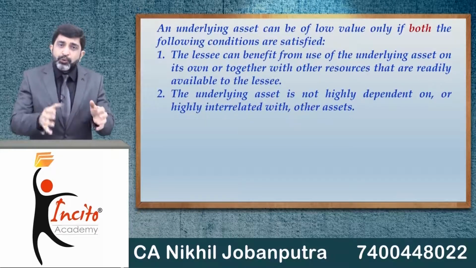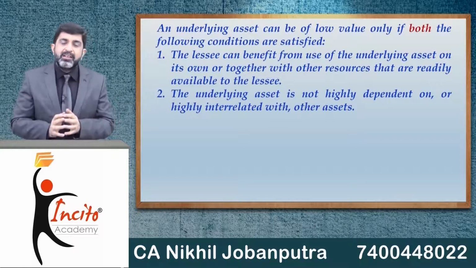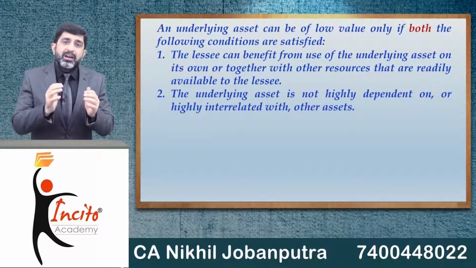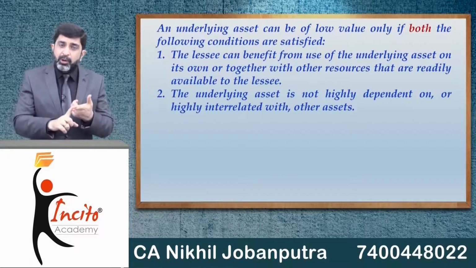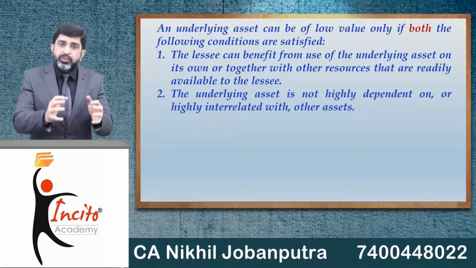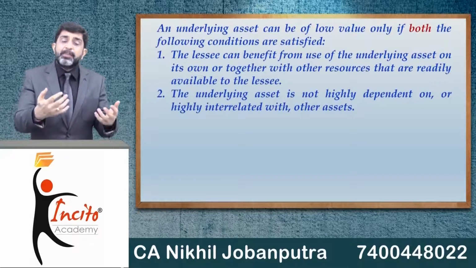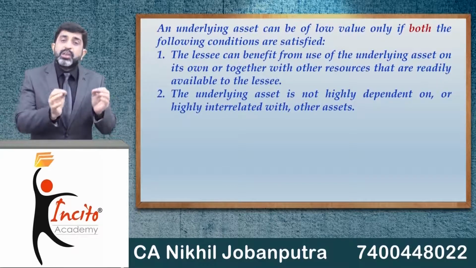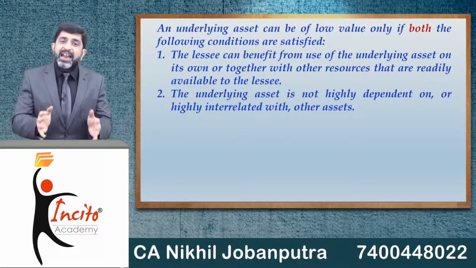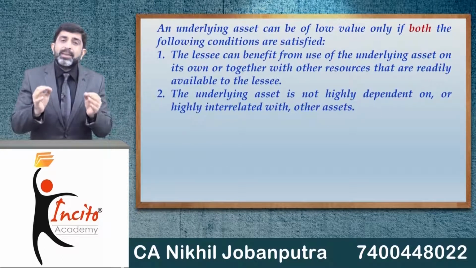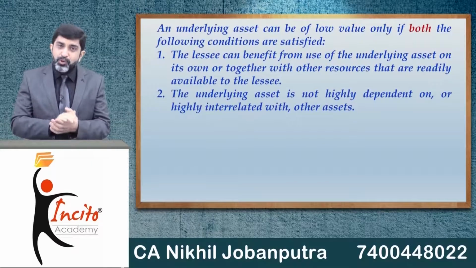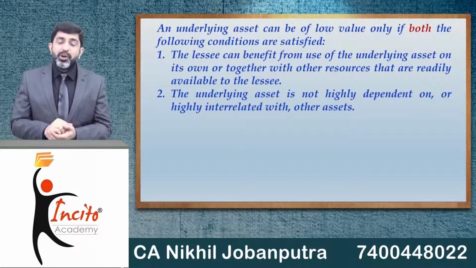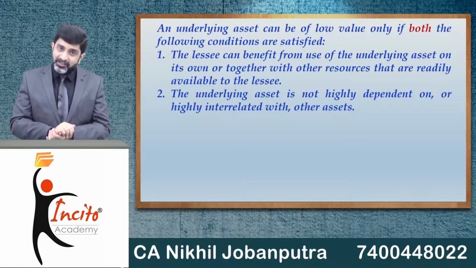The tires have to be used along with the car. That means the tire itself cannot give me economic benefit, point number 1. On the other side, the use of the tire is highly interdependent or interrelated to the use of the car. That means in that case, the asset cannot be classified as an asset of low value. So now you may proceed and write up these points along with this example that I have just mentioned.